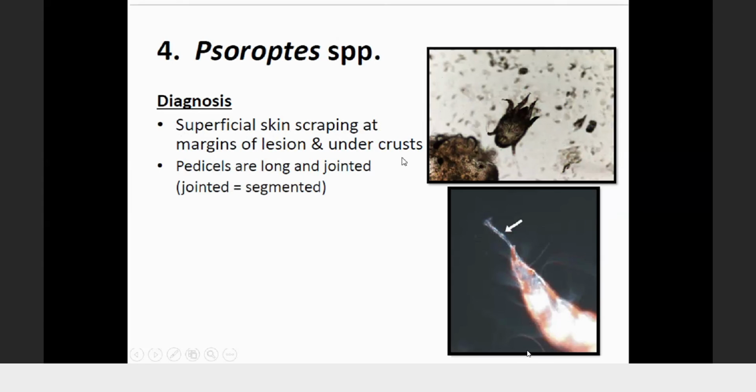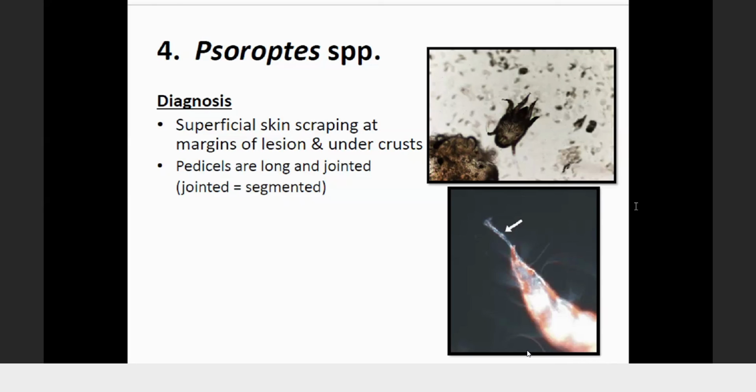Okay, so why do we need to scrape at the margin of the lesion but not in the middle? Anyone know? Yes, it's because the mites are feeding.